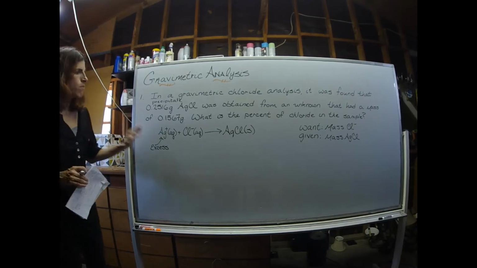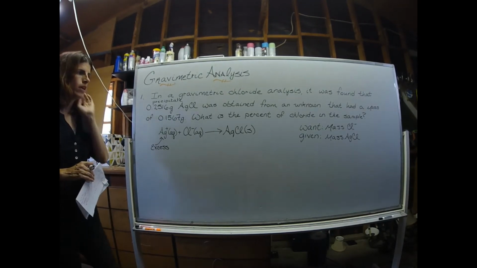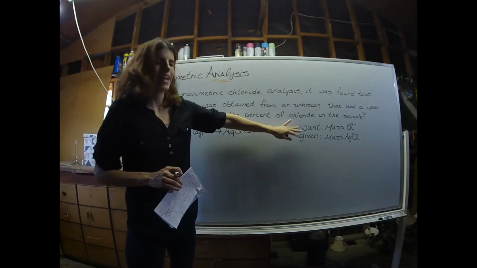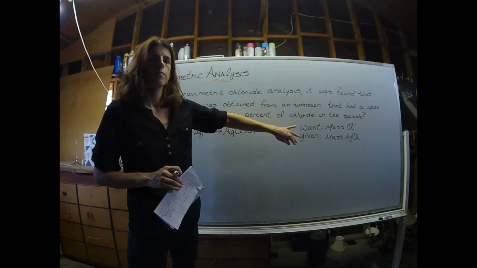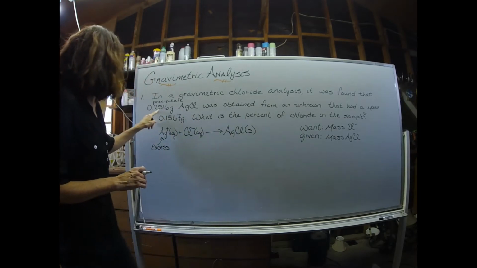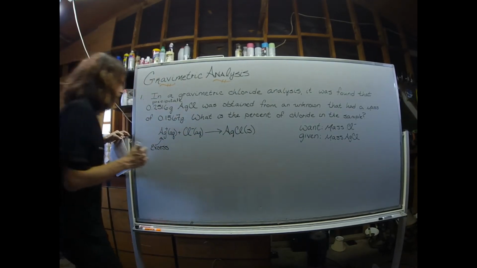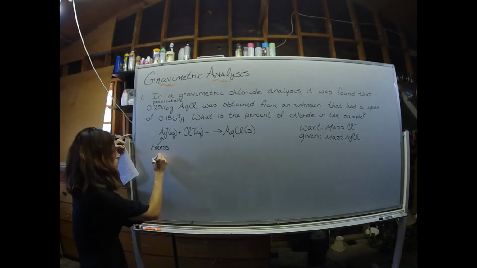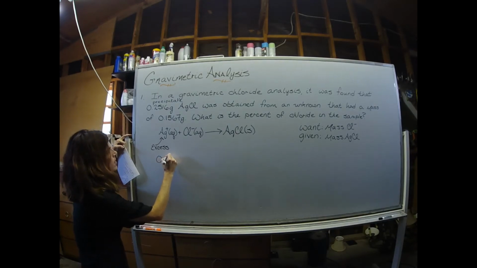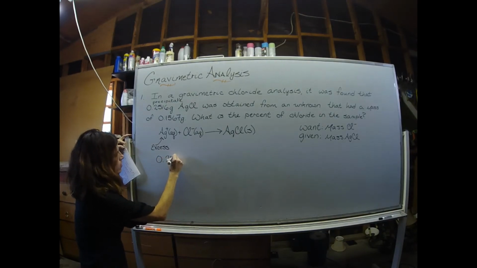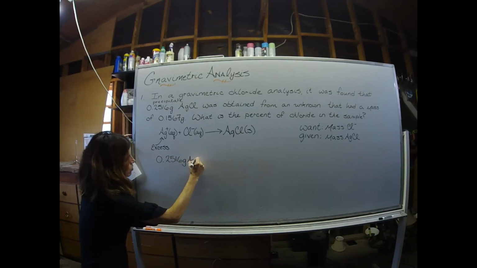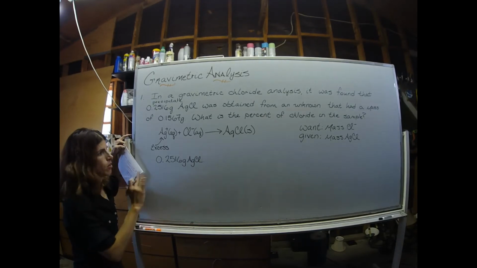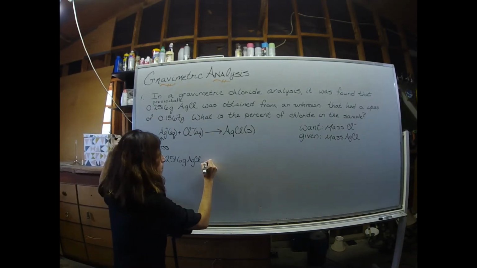So now that we have a balanced reaction, we can work towards relating these two pieces of information, the one we want and the one we're given. So I'm going to start with the number we were given, the amount of precipitate. And since it's in grams, our first step will be to convert it to moles, using the molar mass of silver chloride.